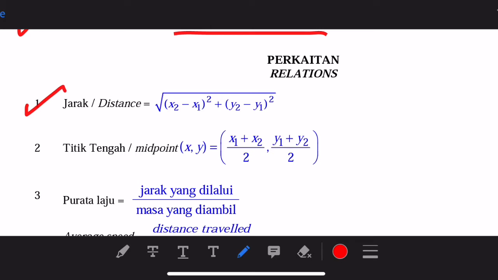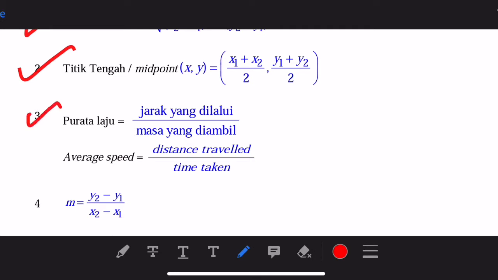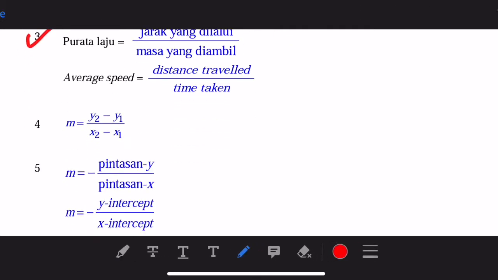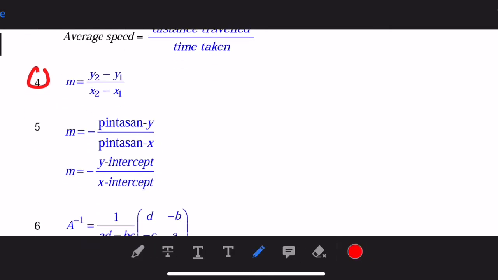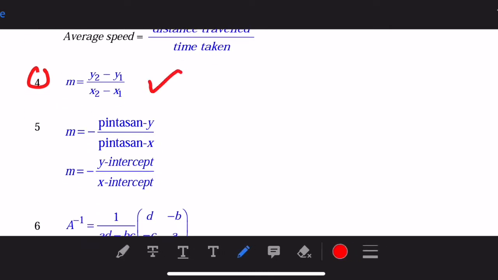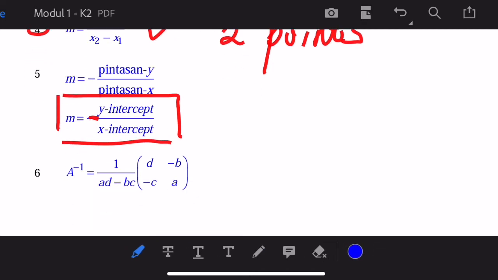Distance, midpoint, and also average speed. Okay, average speed. Gradient, very important. And for gradient, we have 2 formulae. If you are given 2 points, use this one. Okay, if you are given intercepts, you have to use this one. All right, there is a negative here, negative y-intercept over x-intercept.